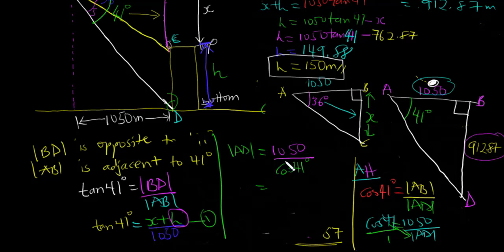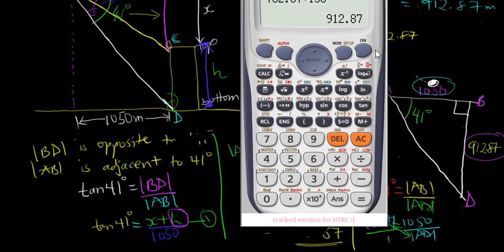So let me get back to my calculator so that I evaluate 1050 divided by cos 41.